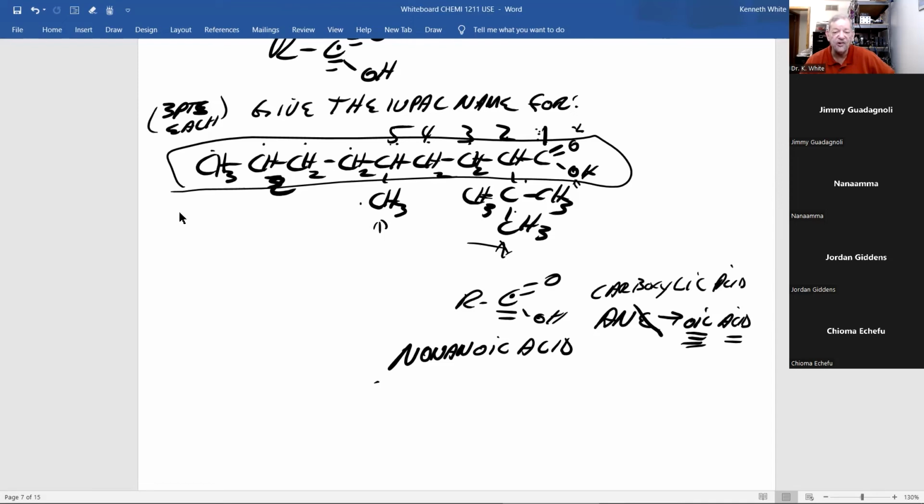So this is 2-tert-butyl, then 5-methyl, nonanoic acid. Now, don't tell anybody, but if you write 5-methyl, 2-tert-butyl nonanoic acid, I give you full credit because I'm not holding you to the alphabet rule.